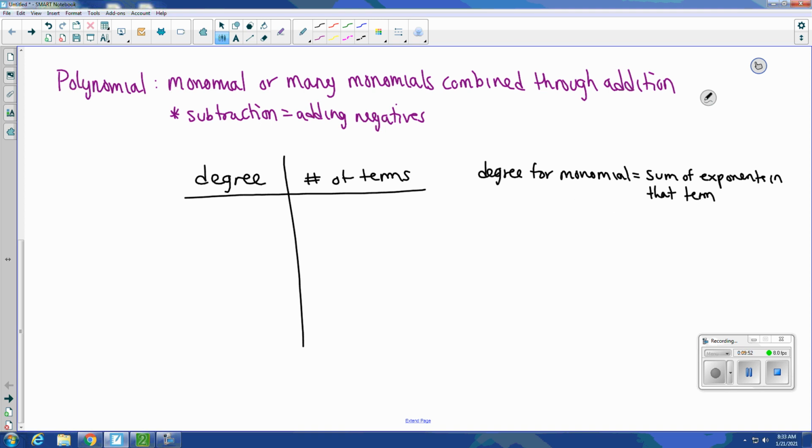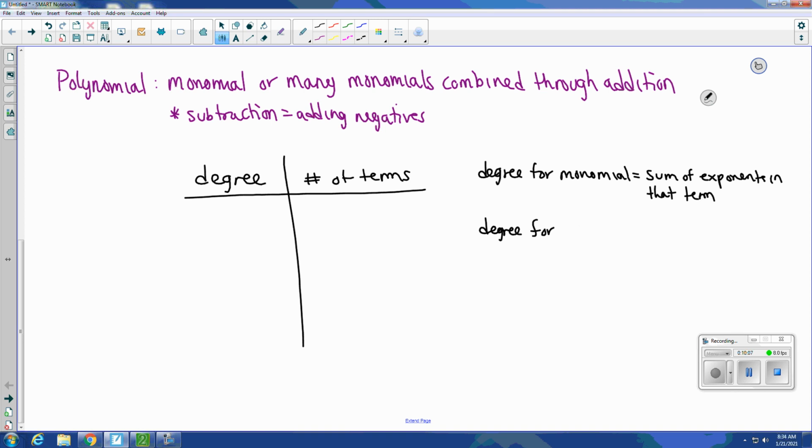Now, because a polynomial is a string of monomials, all we have to do is look at all of the individual monomials. And whatever monomial has the highest degree, the polynomial's degree is equivalent to that.